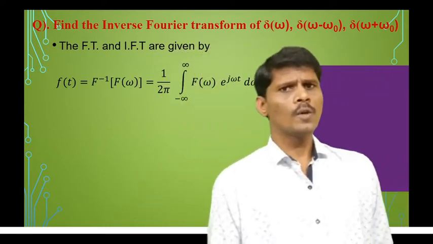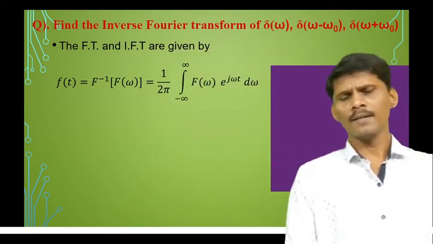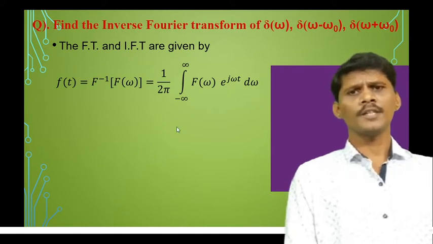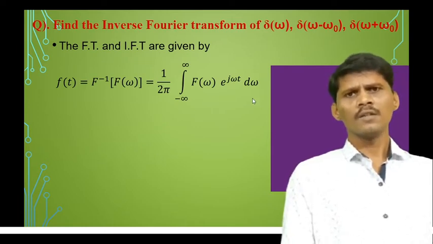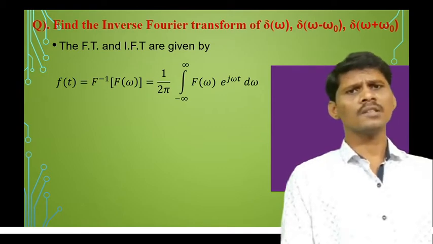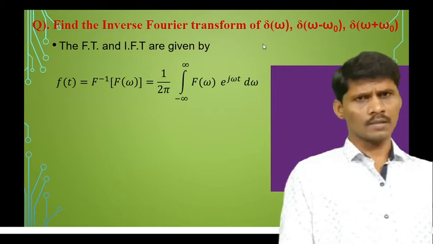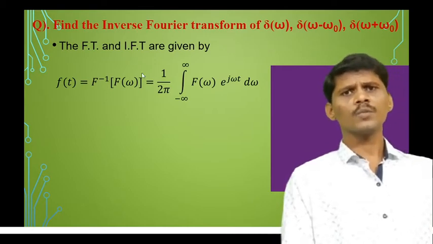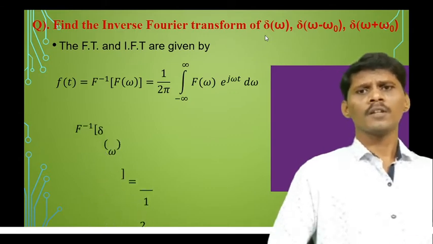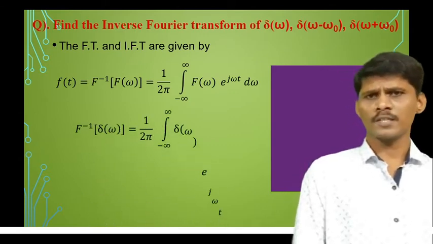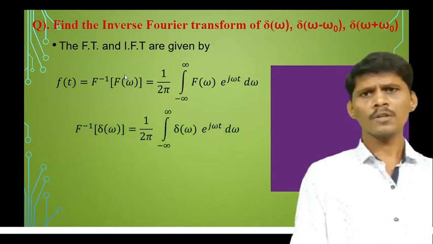That is equal to 1 by 2 pi times the integral from minus infinity to infinity of F of omega e power j omega t d omega. Now what is the given signal? The given signal F of omega is del of omega. So now calculate the inverse Fourier transform of del of omega. F inverse of del of omega is F inverse of F of omega.